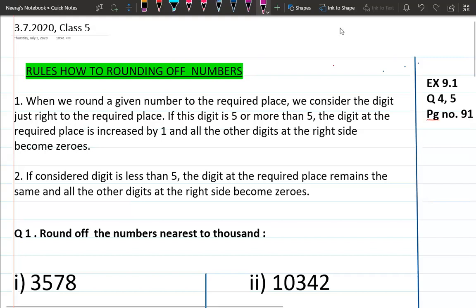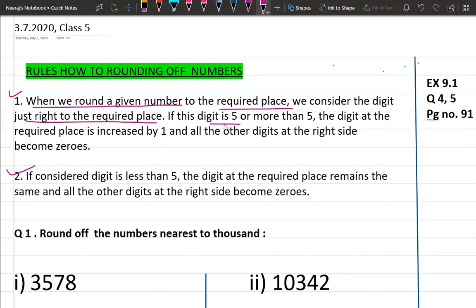So you have to remember these two rules whenever you are solving questions of rounding numbers. We always round by following these two steps. When we round a given number to the required place, we consider the digit just right to the required place. We always see the rightmost digit which is next to the required place.